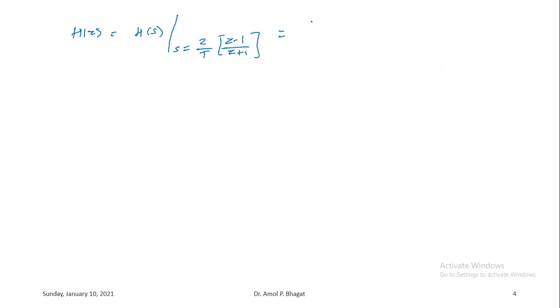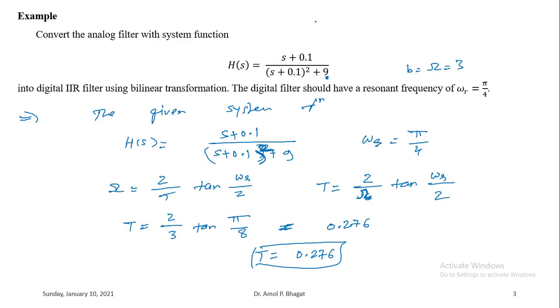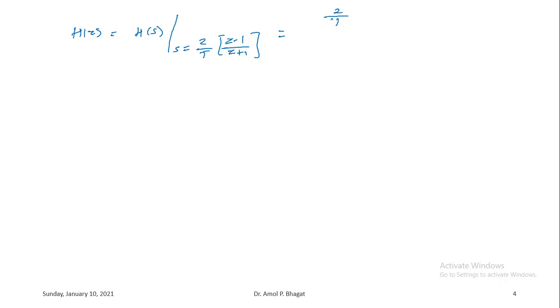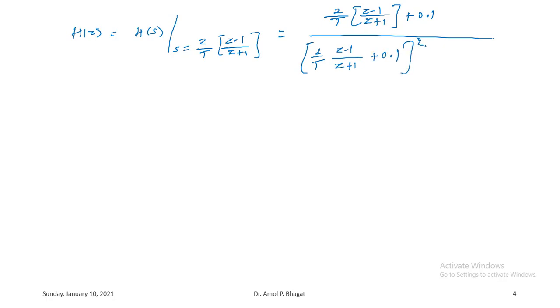In place of s plus 0.1, it will be 2 by T, z minus 1 upon z plus 1, plus 0.1, whole upon 2 by T, z minus 1 upon z plus 1, plus 0.1, whole square, plus 9.